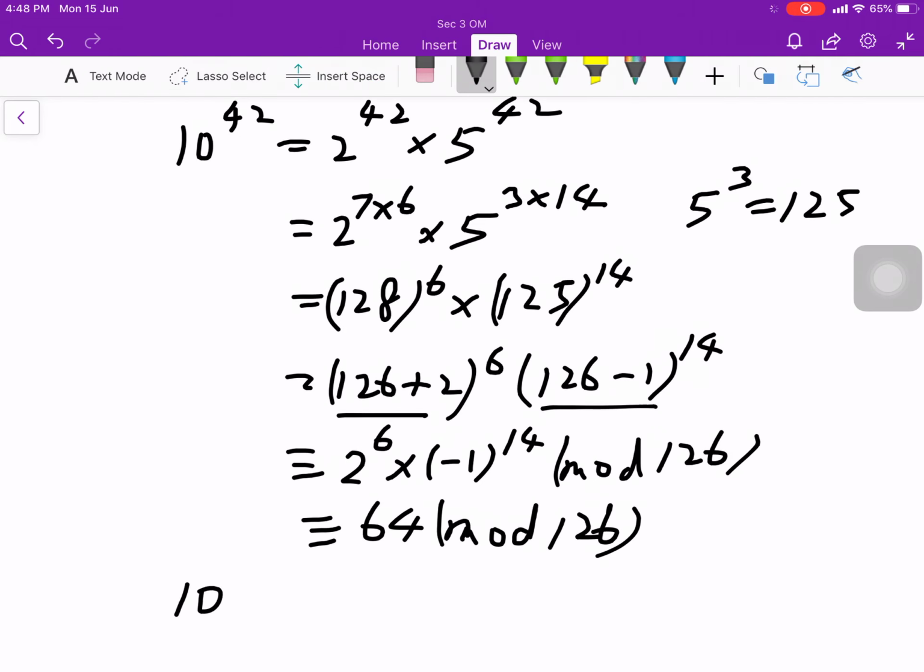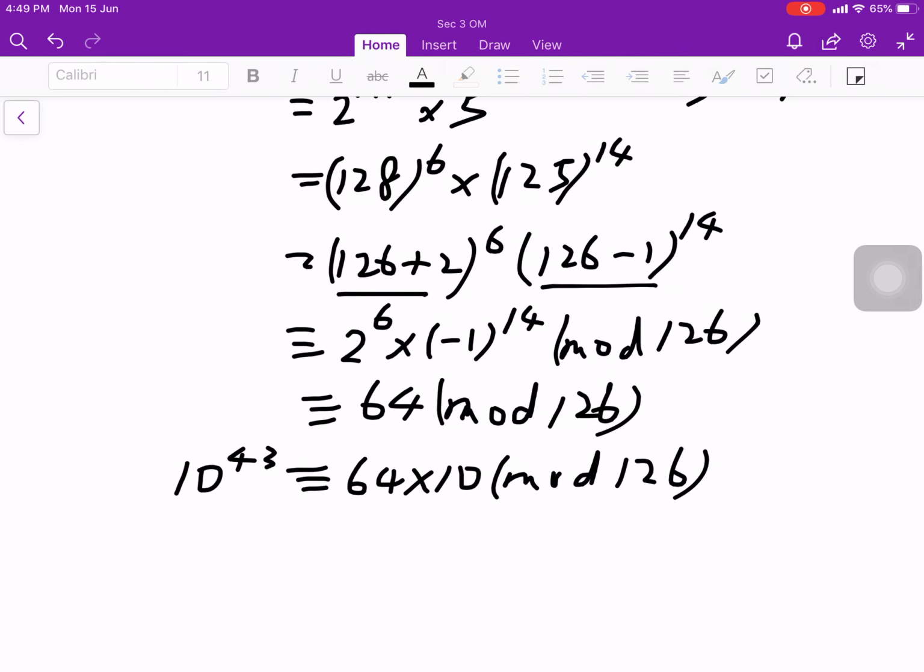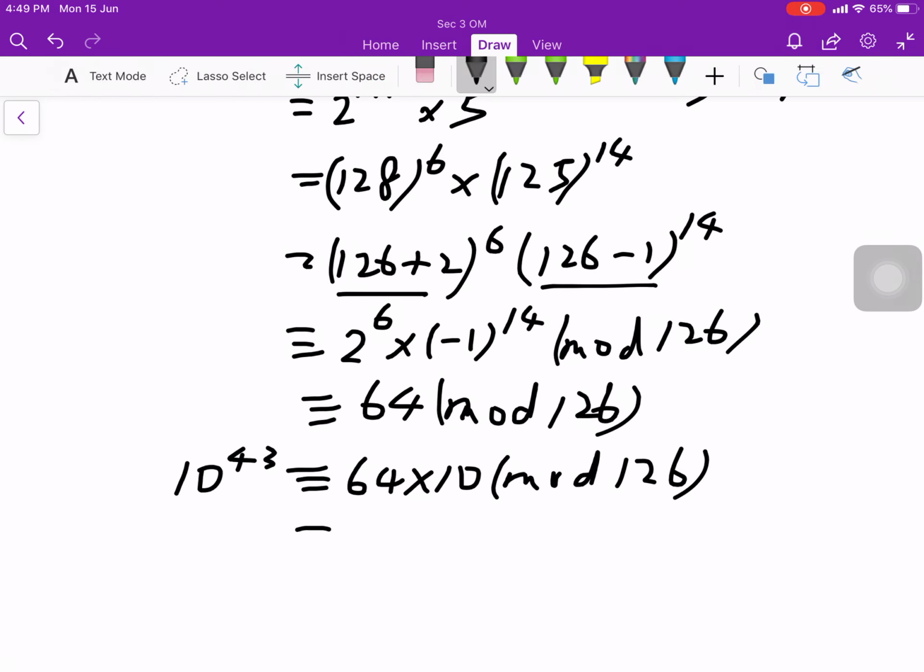That means 10 to the power of 43 is equivalent to 64 times 10 modulo 126. That will be just equivalent to 640 modulo 126.